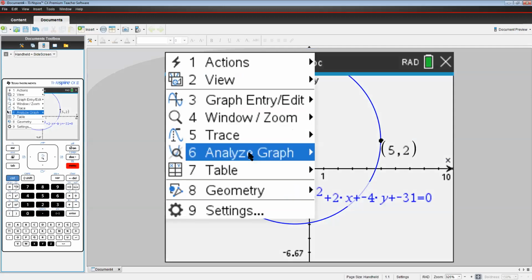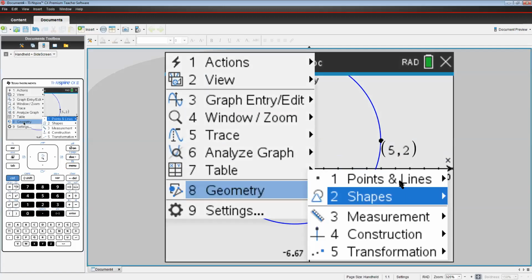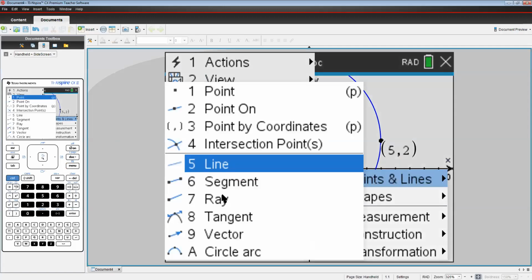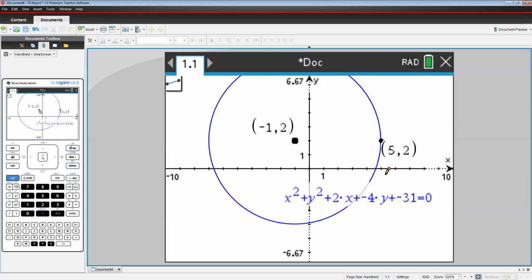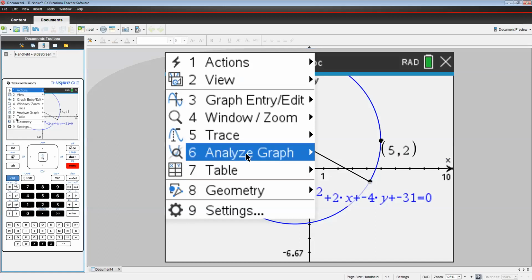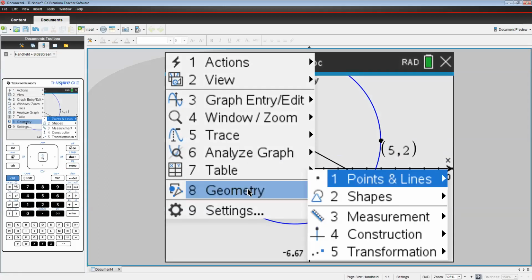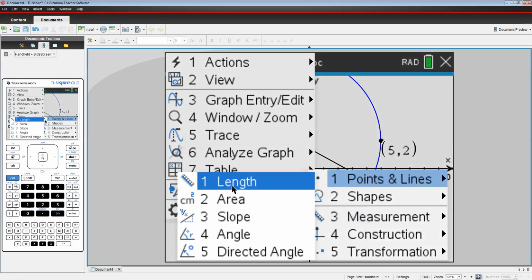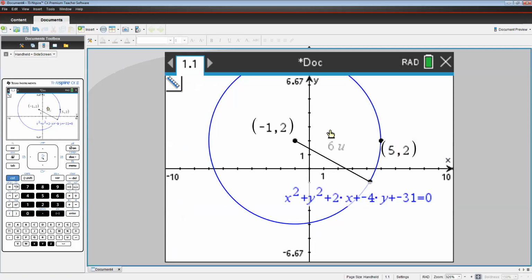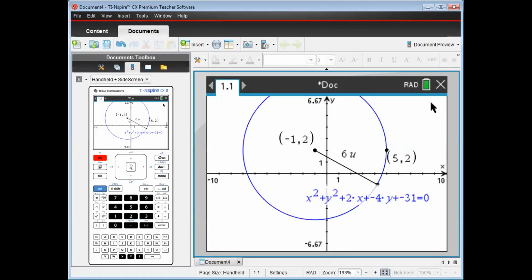We can also just draw in a radius if we do segment, and you can measure the length of that radius anywhere you want. So whichever radius you drew in, measurement, length, and 6 units. We're not going to be doing too much of this. I just wanted to show you how you could graph it if you wanted to. But let's go back to our notes now and finish this up.